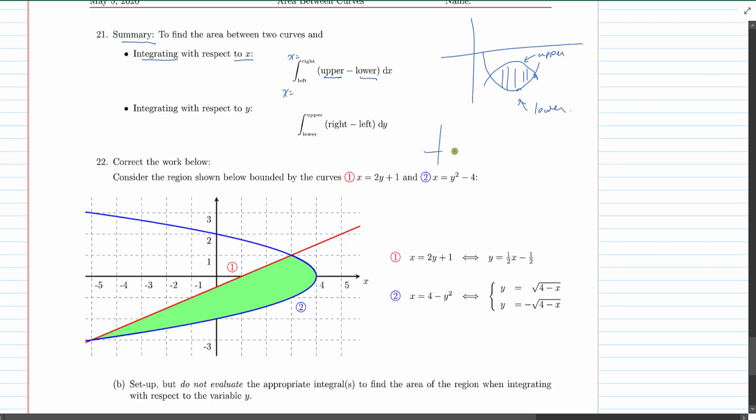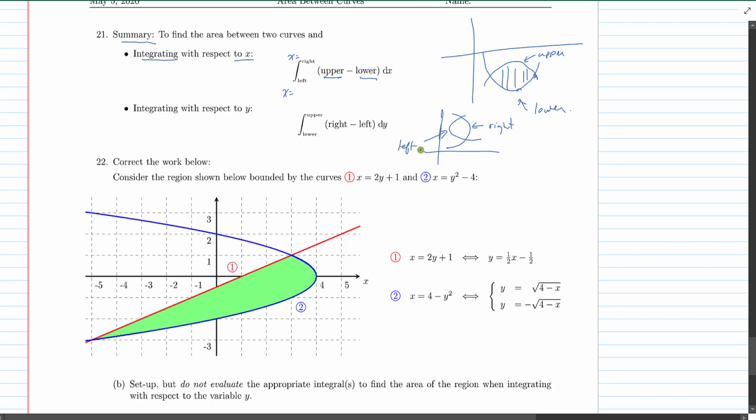If we're integrating with respect to y, we would often have a region that would maybe look like this. Here we'd have this. Let me make that a little bit nicer. We would have this curve right here and this curve right here. And so I'm going to call this the right curve because its functional values, remember we're thinking of x as the output, y as the input, these output values are more to the right than these do, and this would be the left.